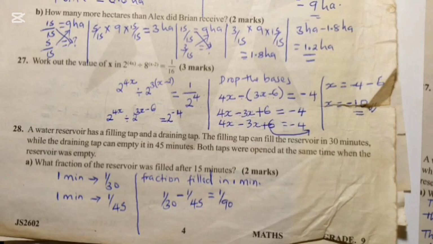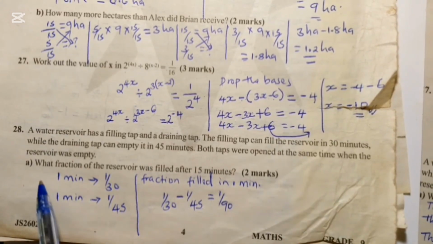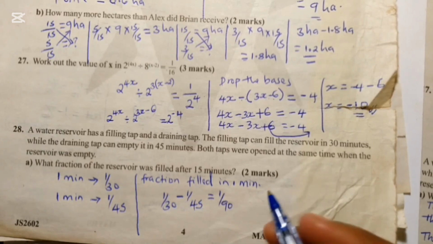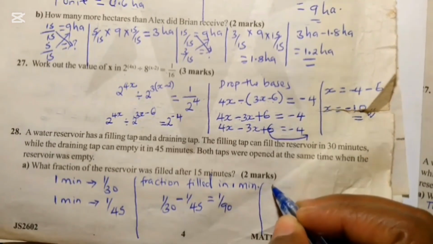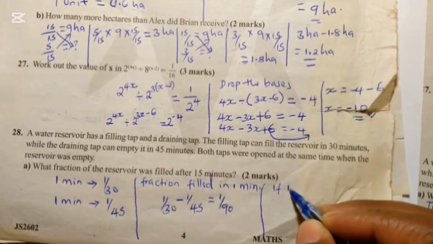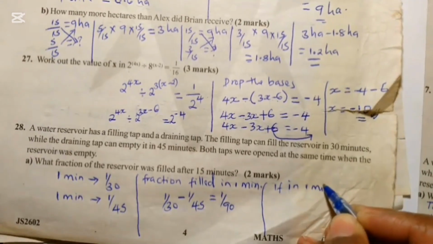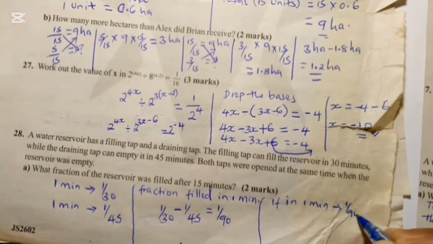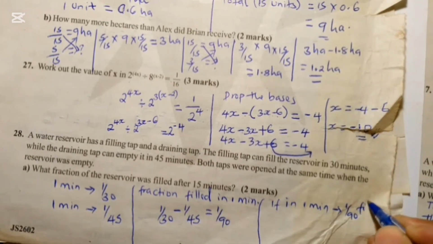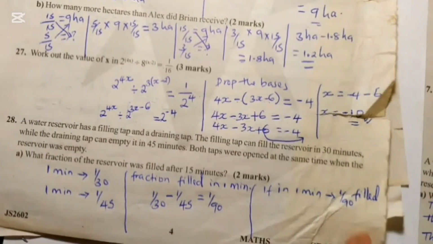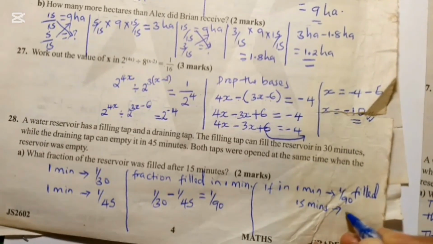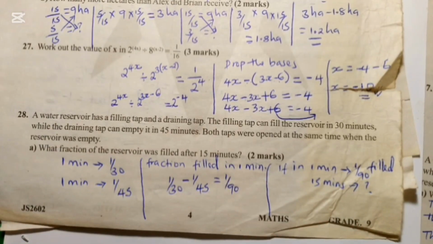And the reservoir was initially empty before the filling. Remember, the question is what fraction of the reservoir was filled after 15 minutes. So if in 1 minute, 1 over 90 of the reservoir is filled, it means that in 15 minutes, which fraction will be filled?